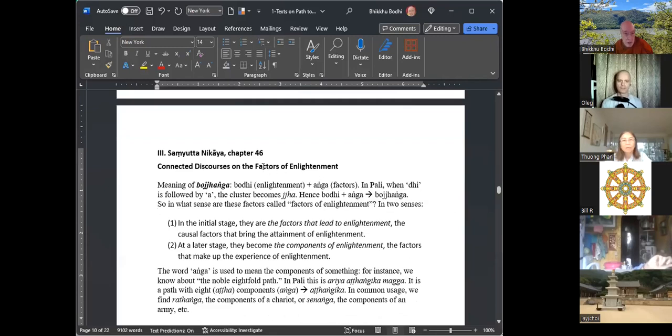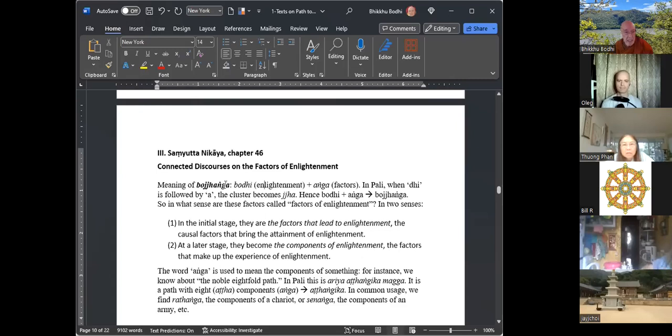The word that is translated into English as factors of enlightenment, in Pali, is bojjhanga. You can see from the text on the screen that the word bojjhanga is a combination of the word bodhi, which means enlightenment or awakening, and anga, factors.